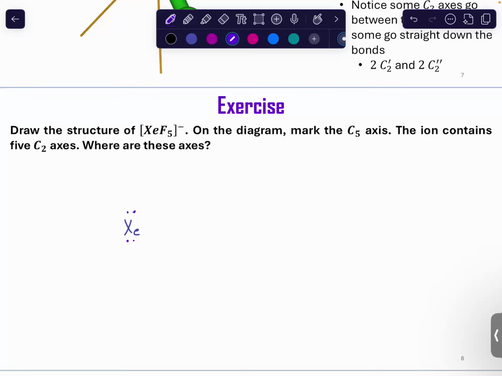It's just perpendicular to that, right? If you think of it, they fit inside a circle, flat around the center. So I put a fluorine there, and then we're going to have a fluorine there.